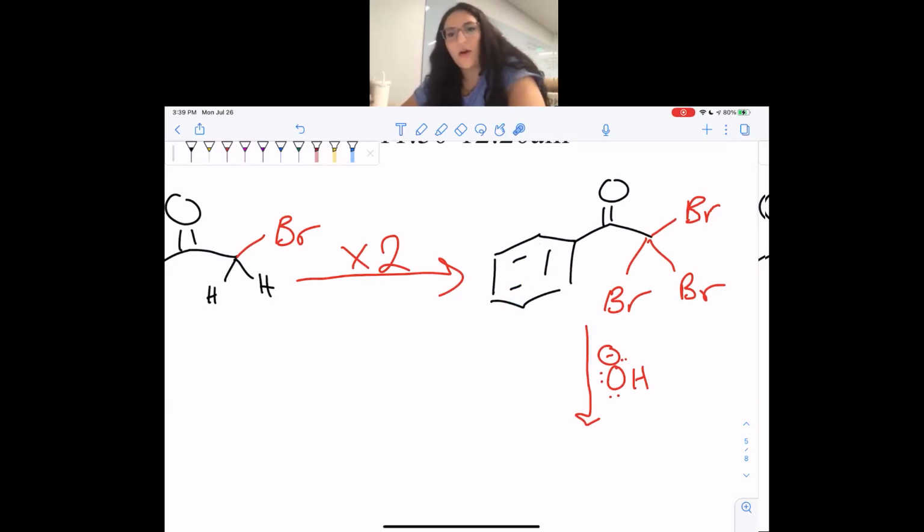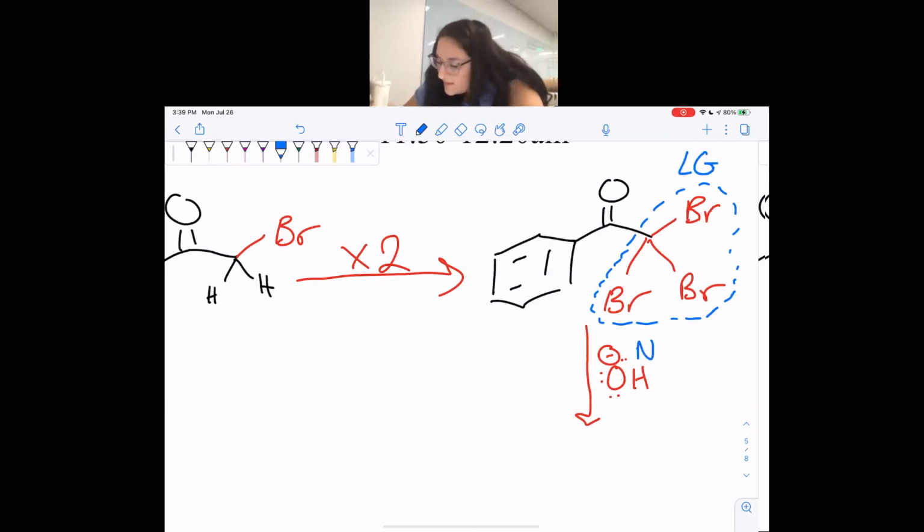But this almost looks like a chapter 17 problem, because I just told you this whole ugly thing is going to be a leaving group. This is going to be a nucleophile, and it's going to attack here and kick off the leaving group.